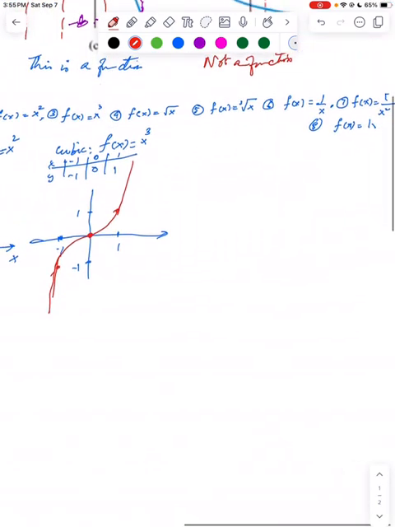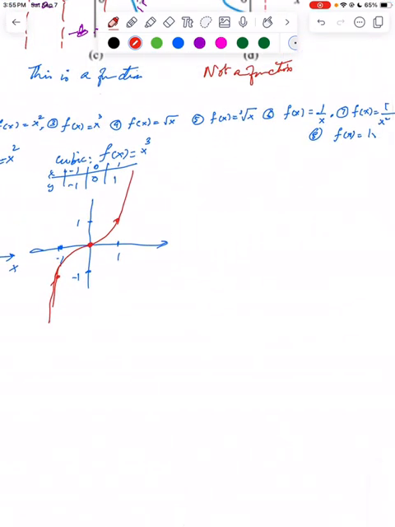Okay, the next one is number 4, the square root graph. So the equation is f of x is equal to square root of x.